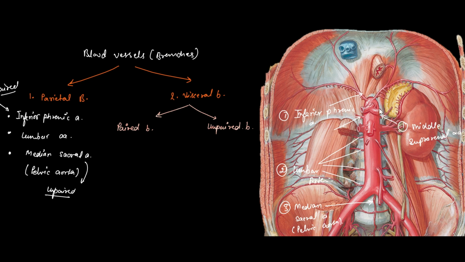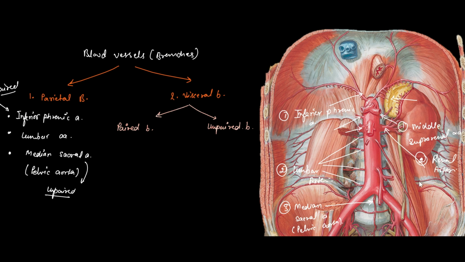These arteries supply blood to the suprarenal gland present over the kidneys, and the second one comes the renal arteries. These are also present in paired form.